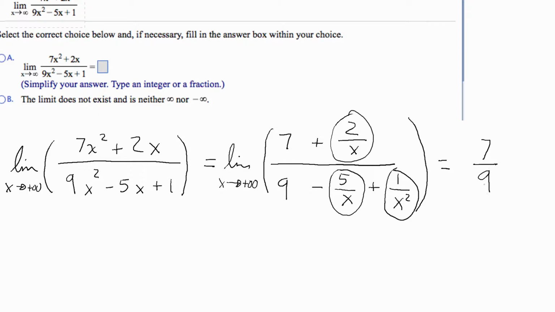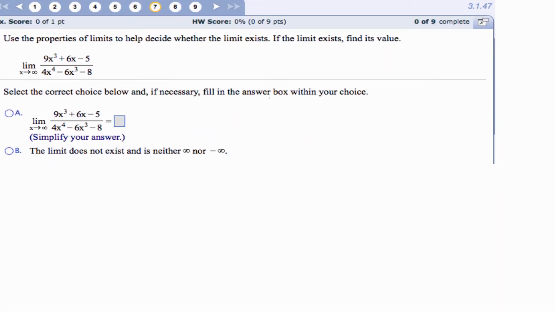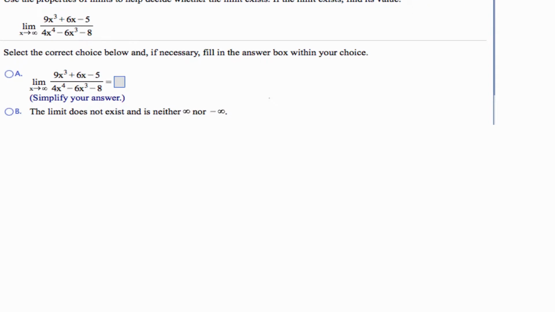Now let's watch what happens here. The key is that the degree of the polynomial of the numerator is the same as the degree of the polynomial of the denominator. In this next example, we'll use the same sort of trick and just rewrite things. So watch this.